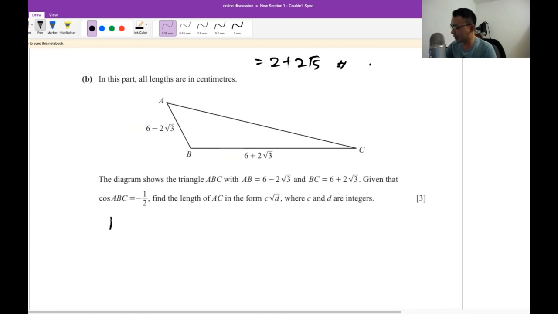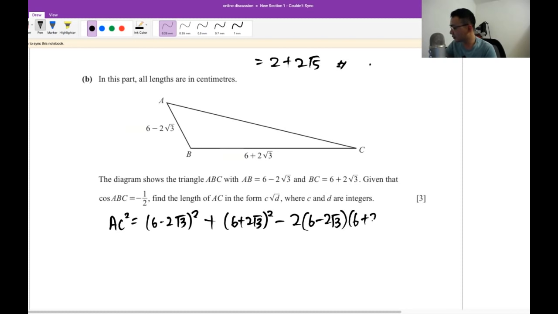I will say AC squared equals AB squared plus BC squared: 6 minus 2 surd 3 squared, plus 6 plus 2 surd 3 squared, minus 2 multiply 6 minus 2 surd 3, 6 plus 2 surd 3, and then cos ABC.